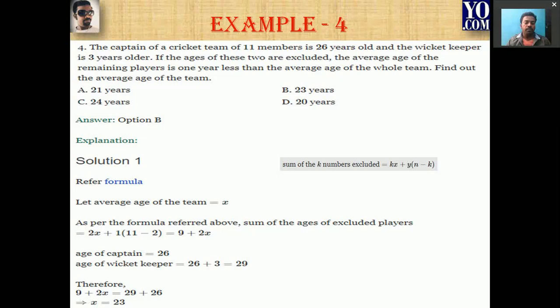So 26 plus 3 is equal to 29. Then you can substitute: 9 plus 2x equal to 29 plus 26. Then from there x equal to 23. So the answer is B, 23 years is the average age of the team.